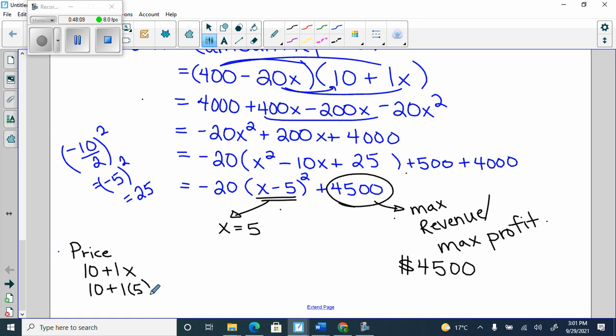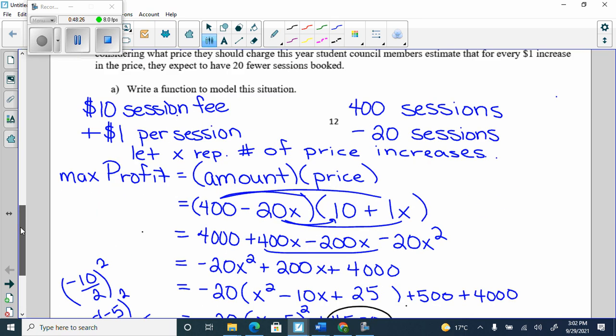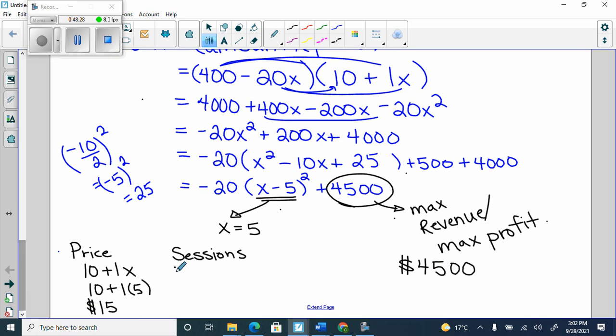So what does the price end up actually being? $15, right? And then the other one was amount, or sessions in this case. And it was the other bracket, 400 minus 20x. And x is 5. 20 times 5 is 100. So it's going to be 300 sessions.